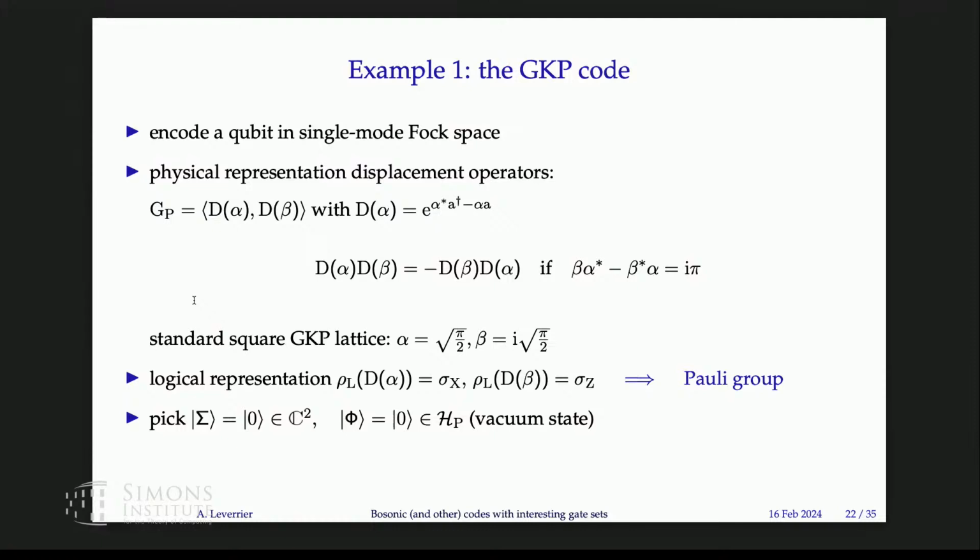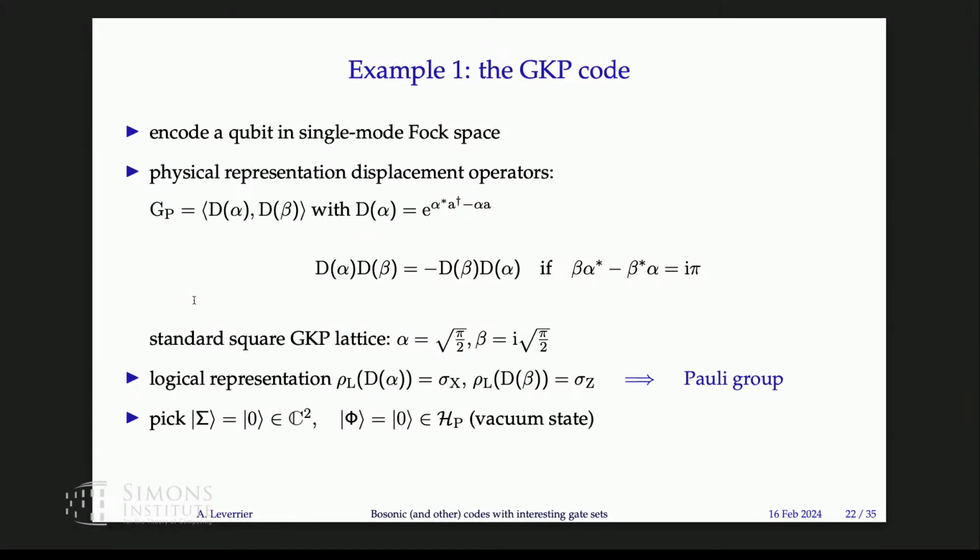What you want to do is encode a qubit into a single mode Fock space. For GKP, I need a simple generalization of the formula that I explained. So you start with a physical group generated by two displacement operators, displacement by alpha and displacement by beta in phase space.